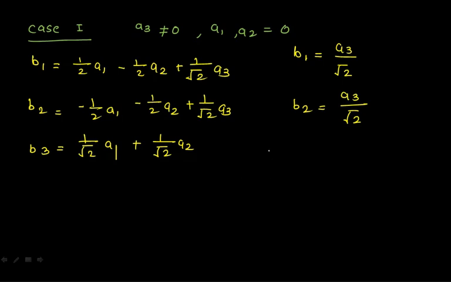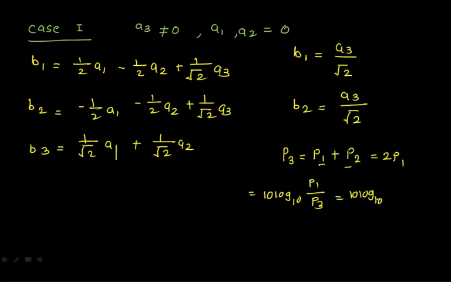If I say P3 corresponds to A3 and the power coming out of the ports, then P3 is equal to P1 plus P2, which is nothing but 2P1. The amount of power coming out from port number 1 and 2 will be 10 log to the base 10 P1 by P3, which is 10 log to the base 10 P1 divided by 2P1.